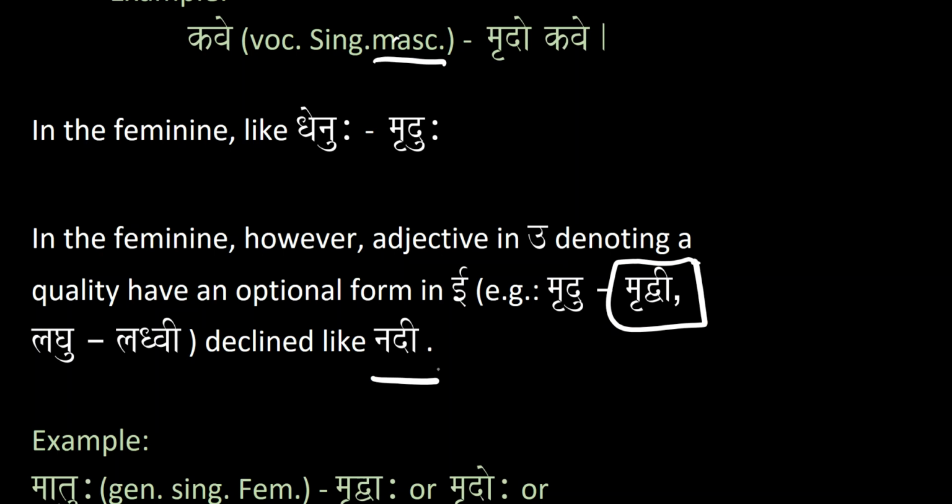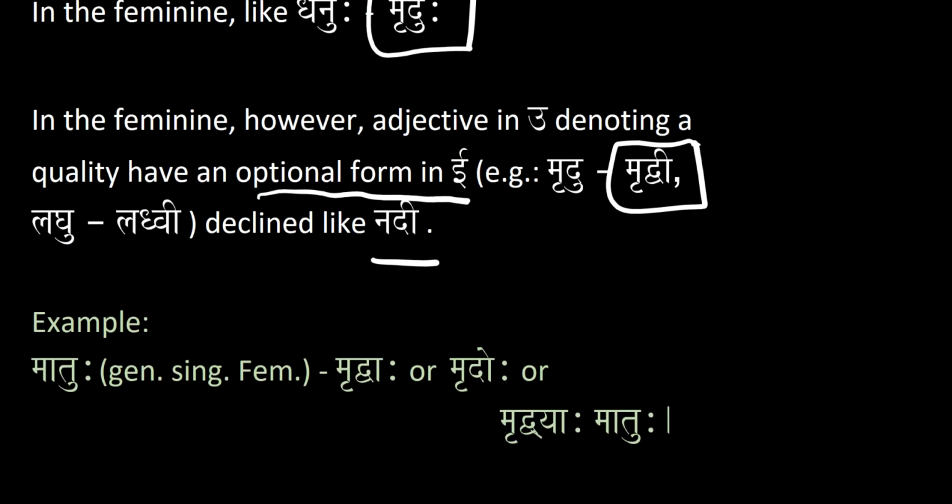So you have two options. You can decline it like dhenuhu, by changing mridu to mriduhu in the feminine, or you can change it into the optional form in long e, mridui, and then decline it like nadi.